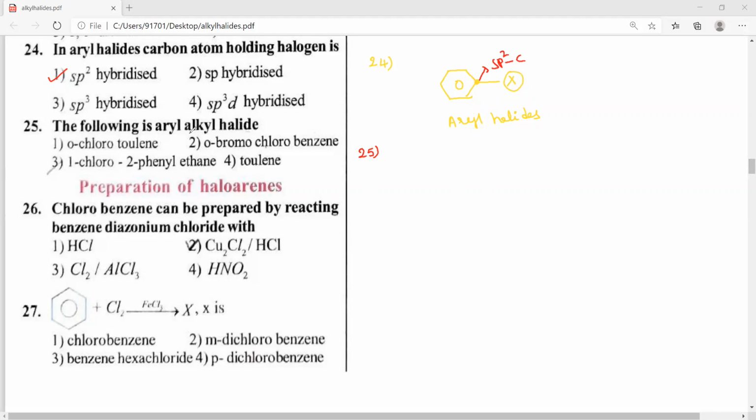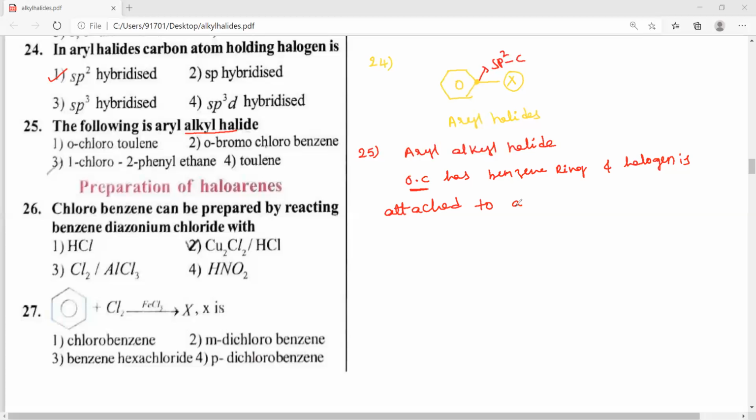An aryl alkyl halide means the organic compound has a benzene ring and the halogen is attached to an alkyl group. Those types of compounds are called aryl alkyl halides.